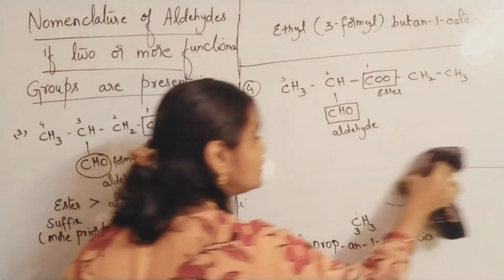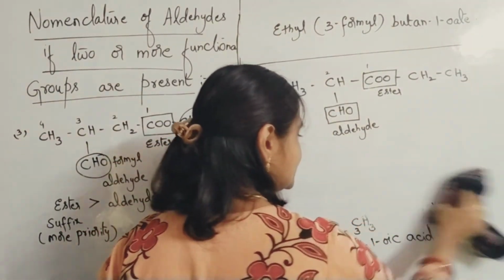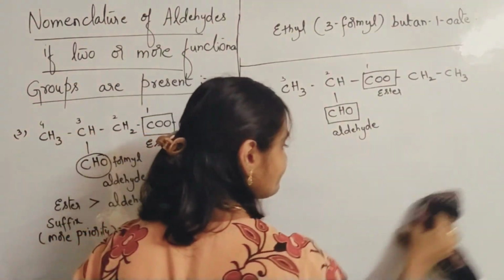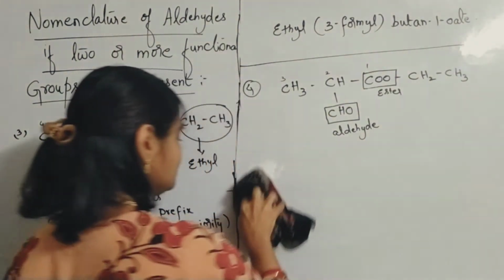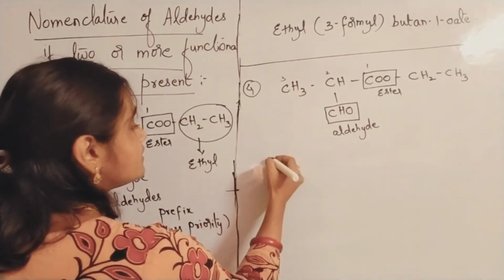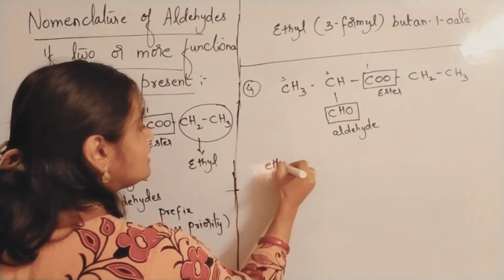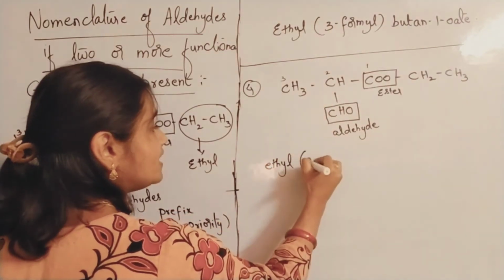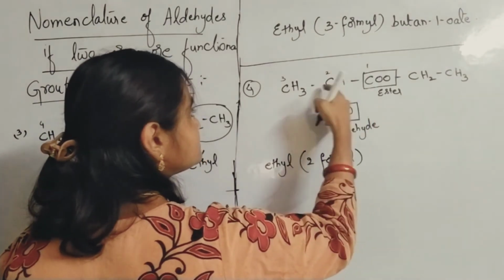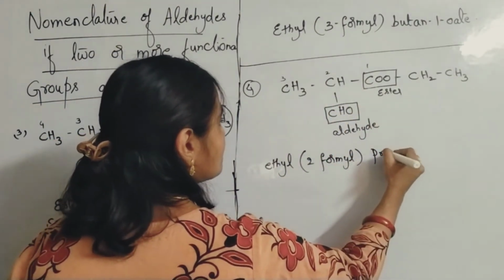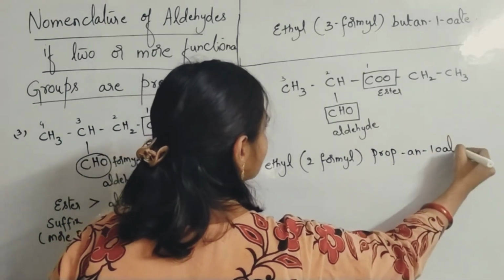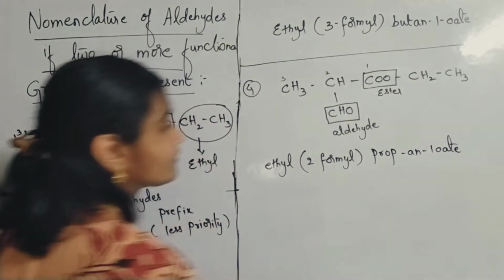But again you are finding aldehyde functional group also. So you have to include that also in the form of prefix. So what will be the name of this compound? Same like previous one. So ethyl, bracket open 2-formyl propanoate, and 1-OATE.